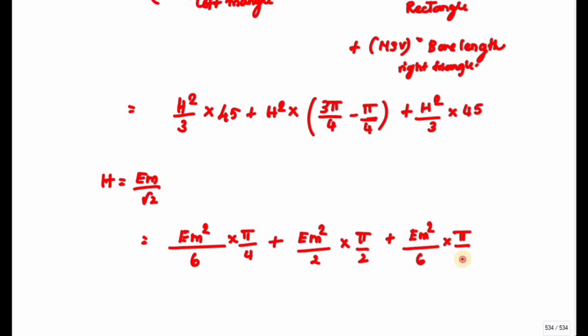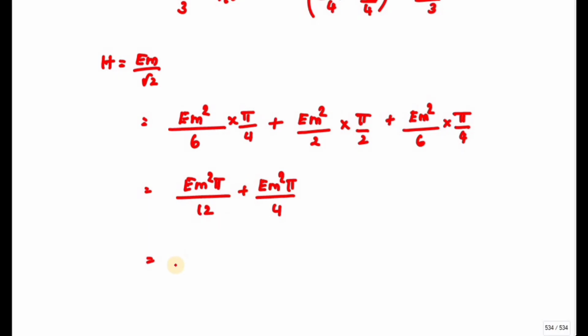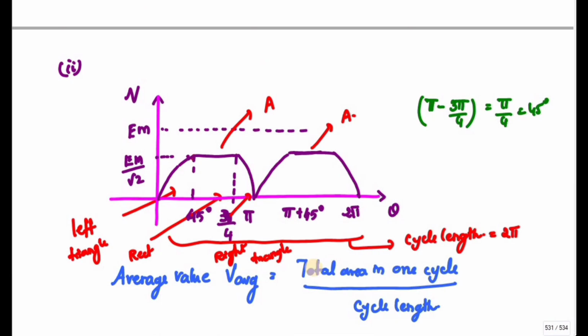So you get Em square pi divided by 24 into 2, so Em square pi divided by 12, plus Em square pi divided by 4. On solving, I will get 4 pi Em square divided by 12, that is equal to Em square pi divided by 3. So this is my area under E square.